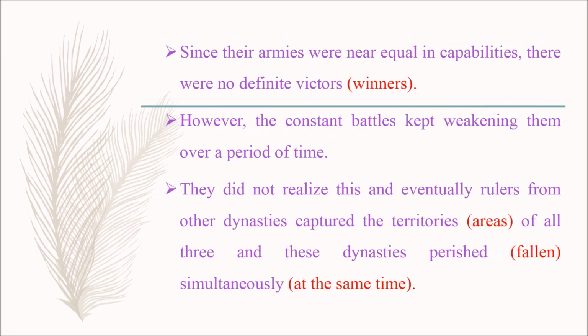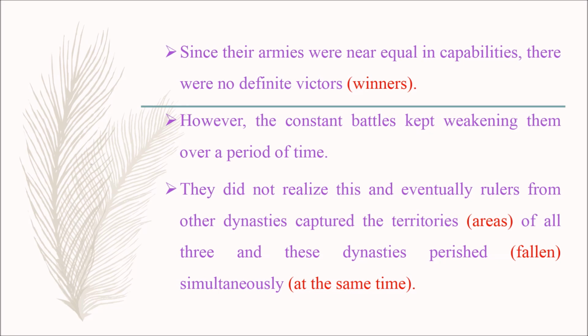Since their armies were near equal in capabilities, there were no definite victors. Here, victors means winners. So, since their armies were equal in capabilities, there were no definite winners.